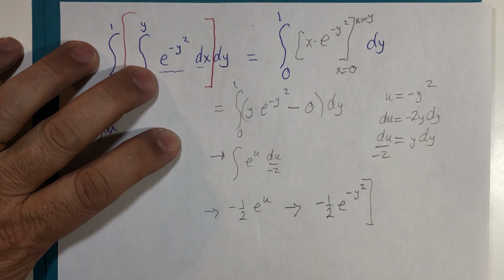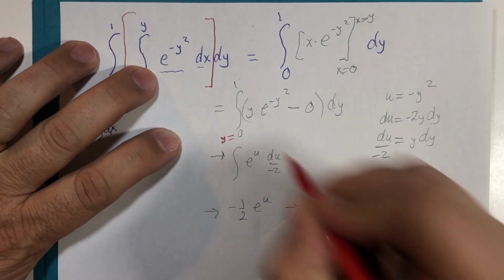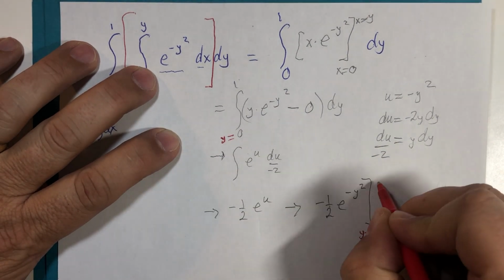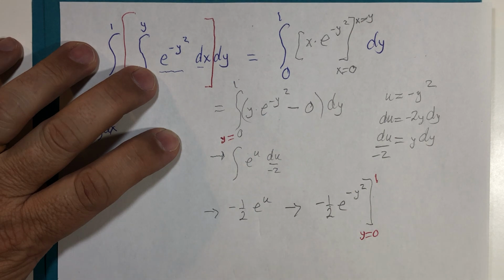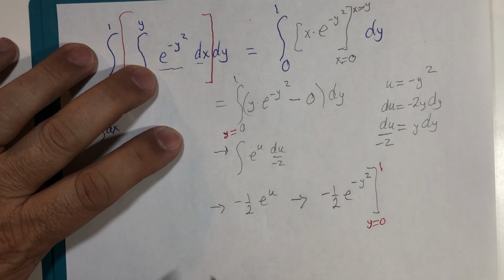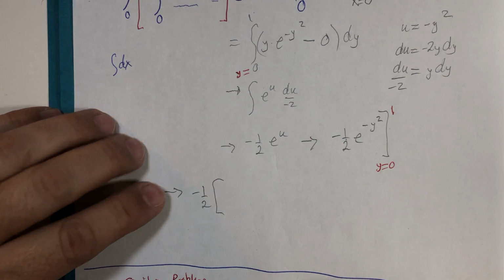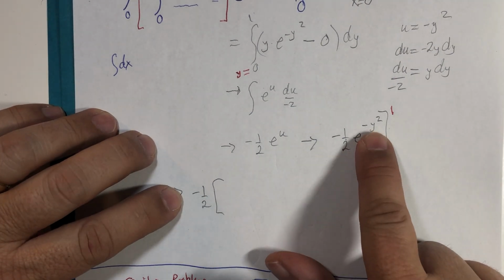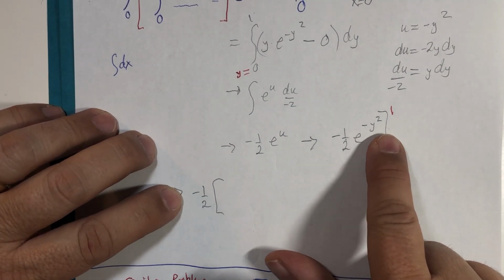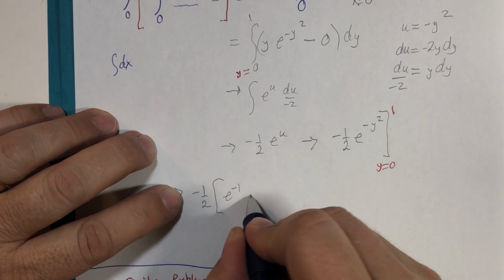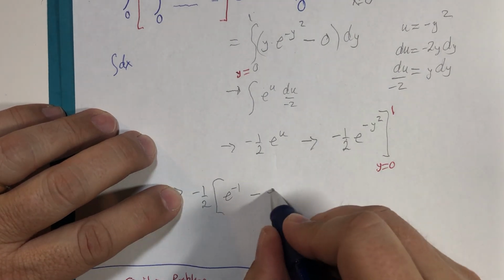And according to this problem, my y boundaries were from 0 to 1. If I want to evaluate this, negative 1/2, y is 1, I'm going to get 1 squared is 1, e to the negative 1, and minus e to the 0.